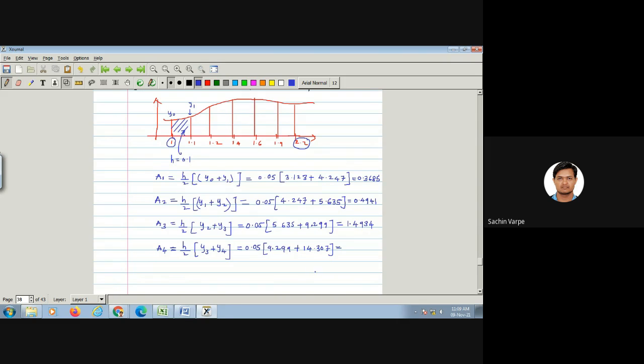So how much is this? Area A4 is 2.36. Is it so?